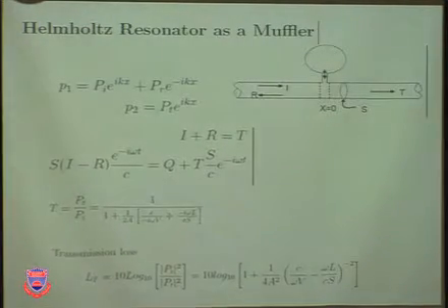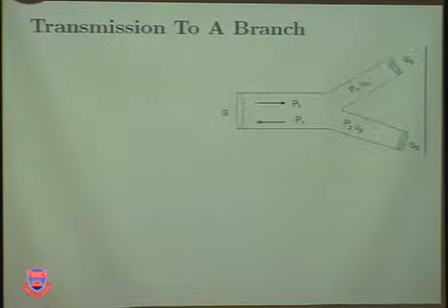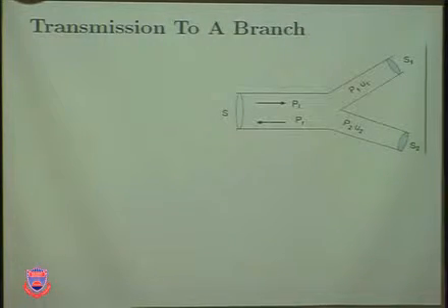A different but related topic is transmission of sound into branches. Let me first start with this very simple concept about how the impedances are related. The first thing we do is write the expressions for a pressure field.